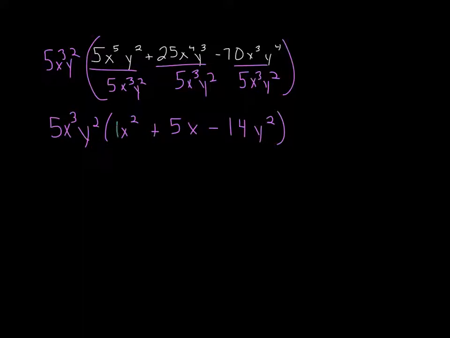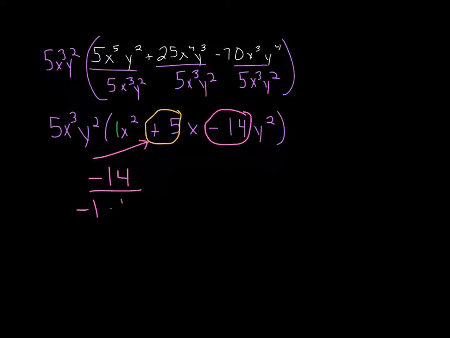Once again, A is 1, so we don't have to worry about it. B is 5, and C is negative 14. Since C is negative, our signs need to be different, and the larger number is going to be positive because B is positive. So negative 1 times 14, negative 2 times 7. We add negative 1 and 14, we get 13, which does not work.